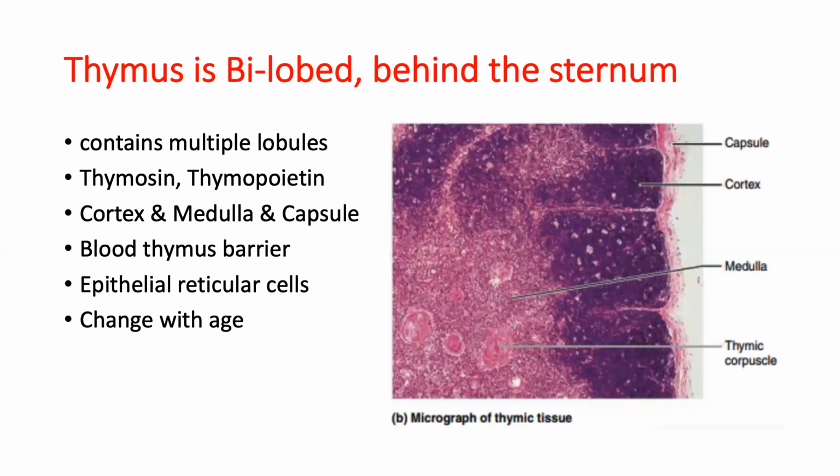Of course, finally, once there is maturation and the T lymphocytes become immunologically competent, they will be secreted. The size of the thymus gland will change with age.